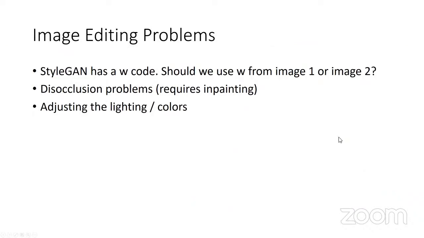There is an issue though with StyleGAN because of the W code that you need to control the later layers. There was no global control in ProGAN, but in StyleGAN there is. So should we then use the W code from image 1 or image 2? There are all sorts of occlusion problems that possibly require in-painting, and you have to be careful to adjust the lighting and the colors.